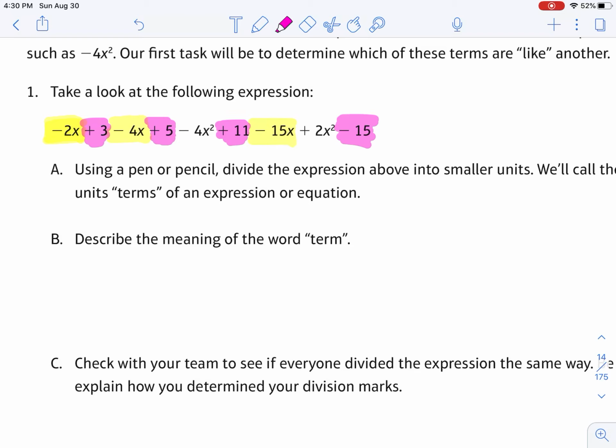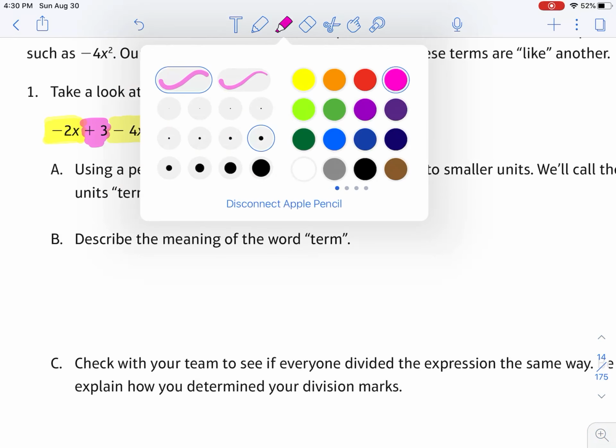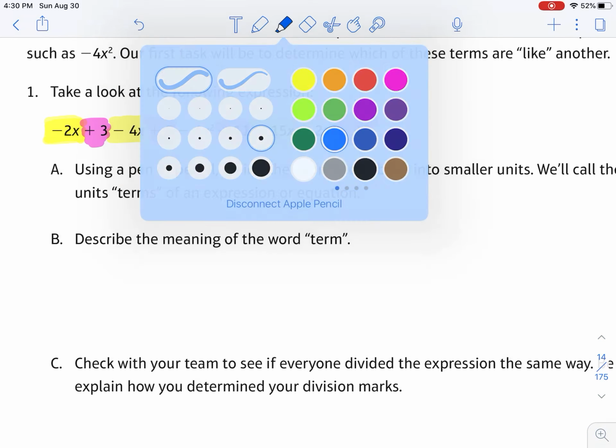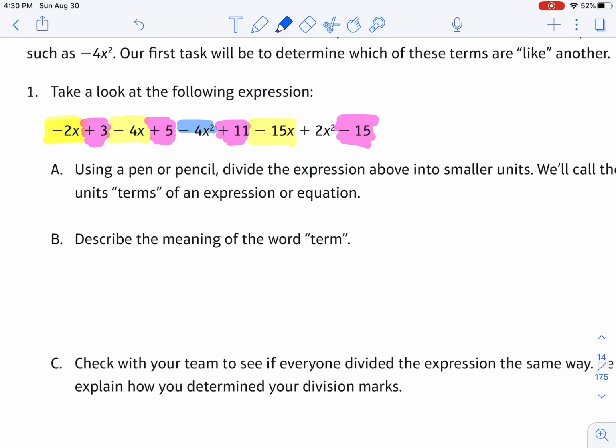It can combine with the negative 15. So I'm going to switch colors again. That negative 4x squared can combine with the 2x squared. Notice the numbers don't matter, the signs don't matter, it's the letters that really matter.